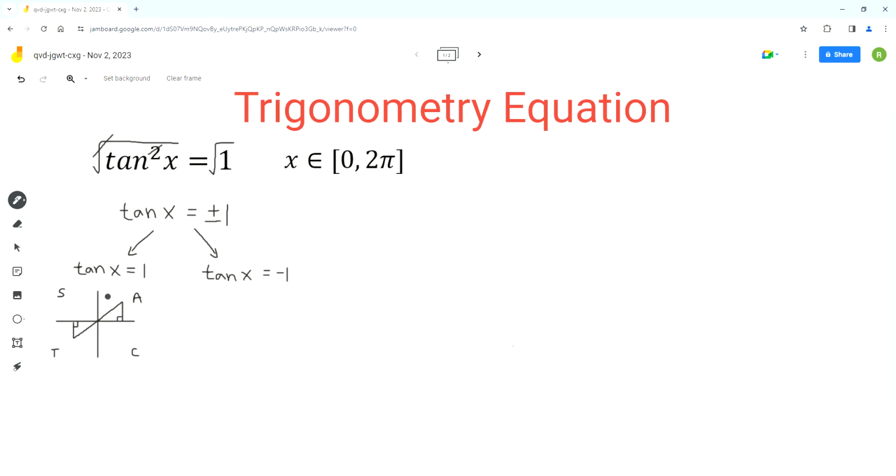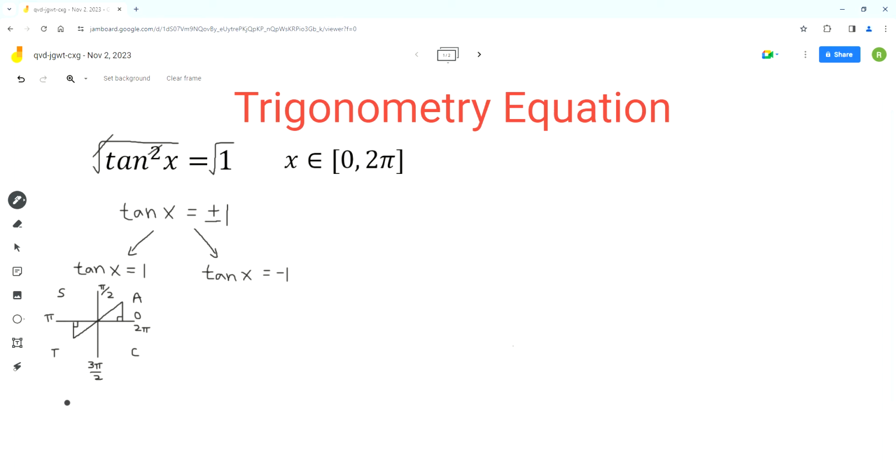Now we know in quadrant 1 the angle value will be between 0 and pi over 2. So if I label the axes, we start at 0 radians and then pi over 2 and then pi and then 3 pi over 2, and we complete the circle at 2 pi radians. So the first angle value in quadrant 1 will be between 0 and pi over 2. Here you can either use a calculator.